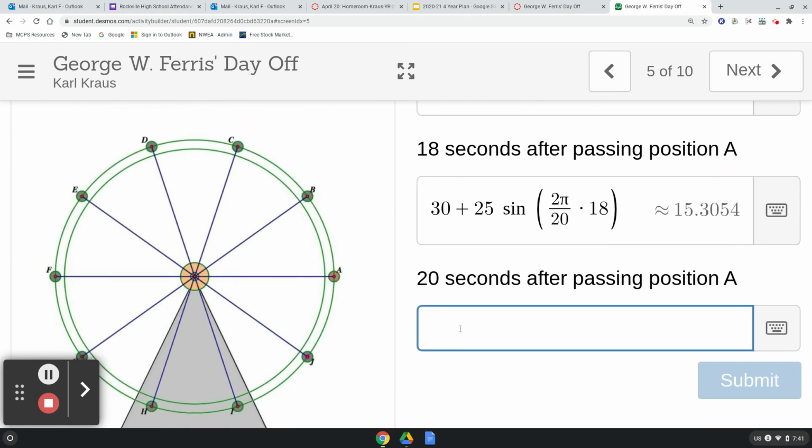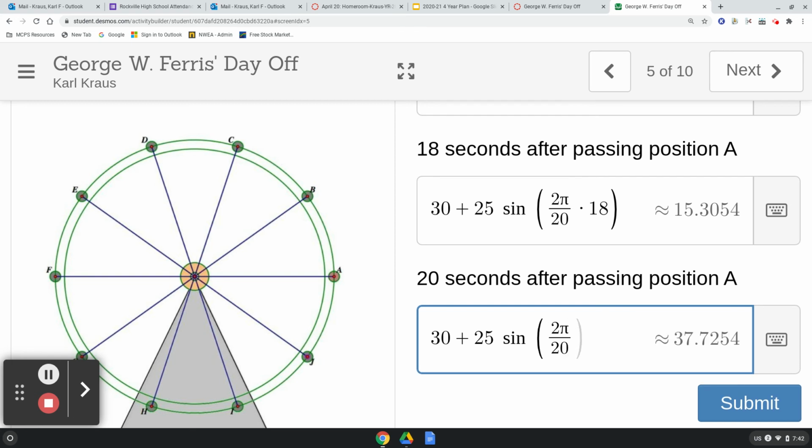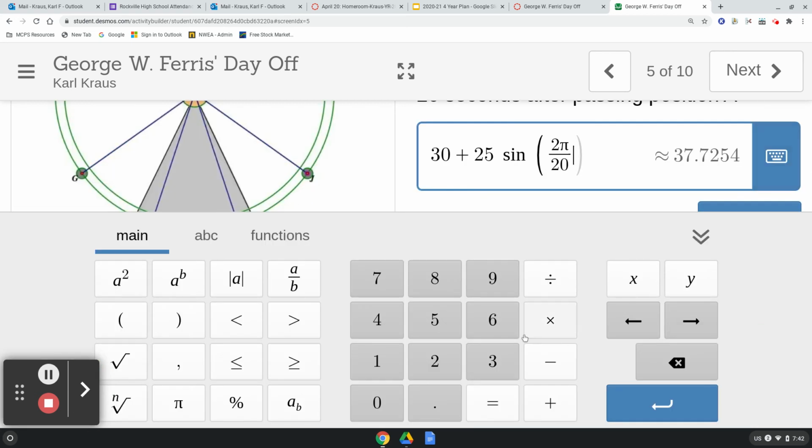And then finally 20 seconds, it should be back at 30 feet. All right, and it is so.